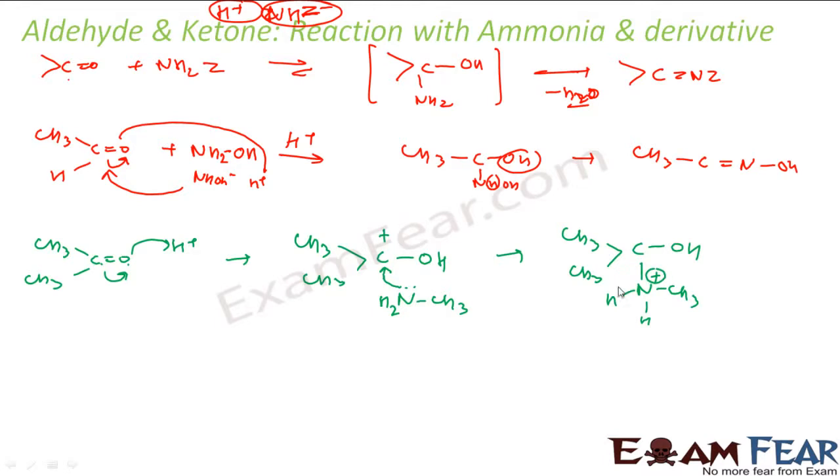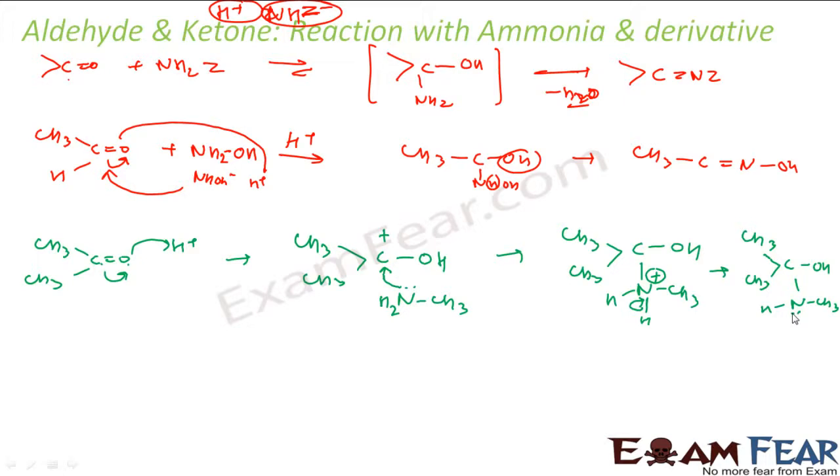Right? But nitrogen doesn't love positive charge. Somebody has to go out. So this hydrogen will go out. Hydrogen will say, okay, I leave, I don't mind leaving. It's a good leaving group. Hydrogen will go out and this will become neutral. COH, and you have NH, CH3 and a lone pair of electrons.